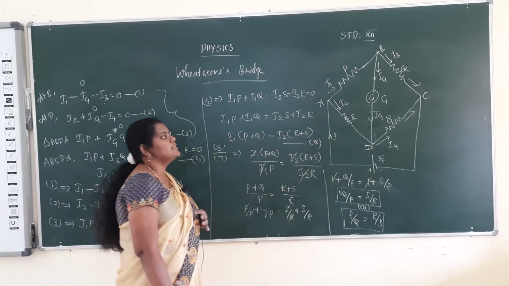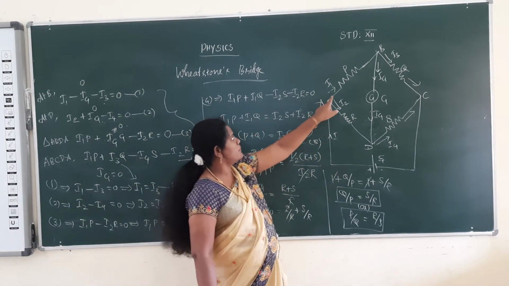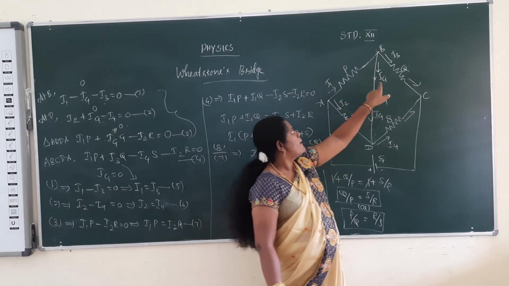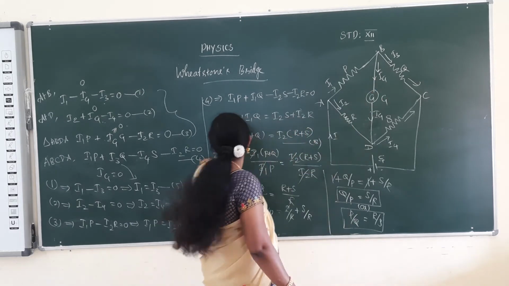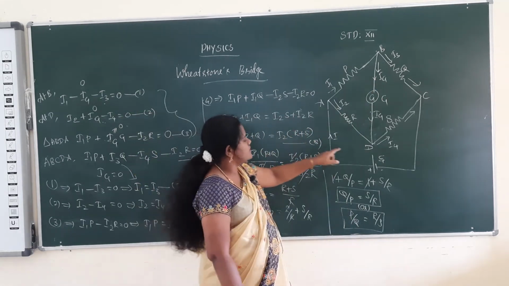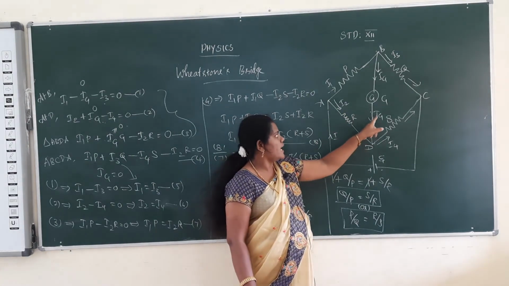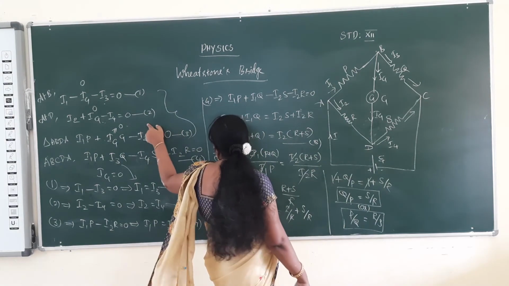Now applying the Kirchhoff first rule at junction B and at junction D. At junction B, the current I1 will be entering. So I1 minus IG minus I3 is equal to 0. This is the first equation. Second, at junction D, I2 plus IG minus I4 is equal to 0. Second equation.